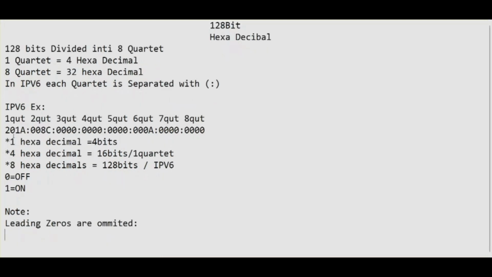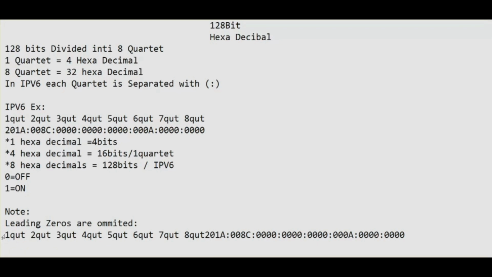So what does it mean? That I'll explain. Say for example, this is our address, and as you know there are 8 quartets.